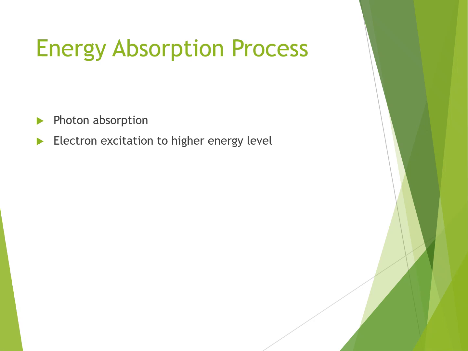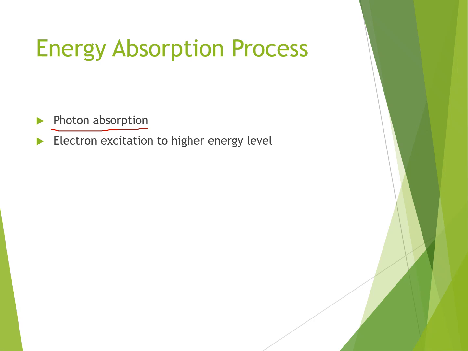When a molecule is irradiated, the light or radiation is absorbed, and it goes to the excited state. It absorbs the photons and goes to the higher, excited electronic state, and this excited state is unstable.